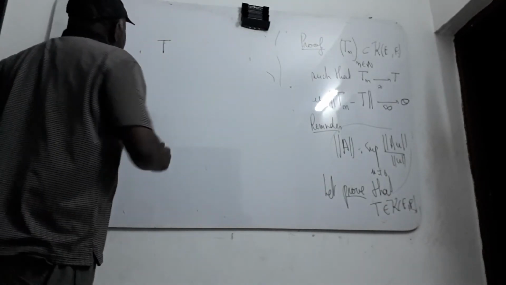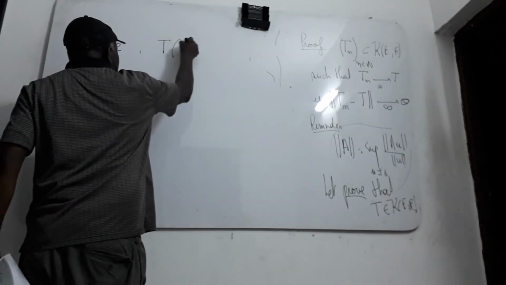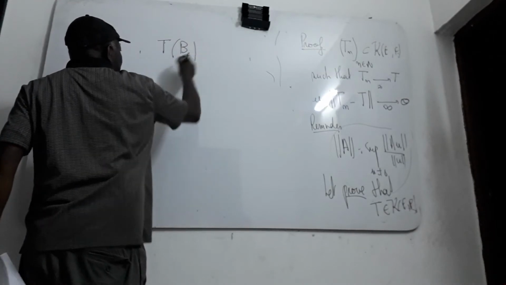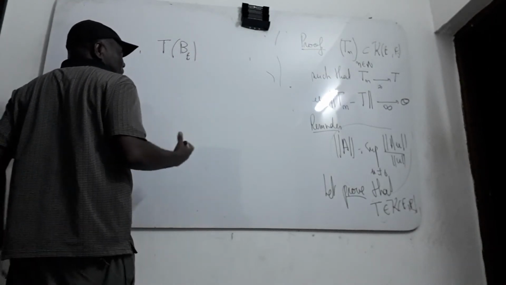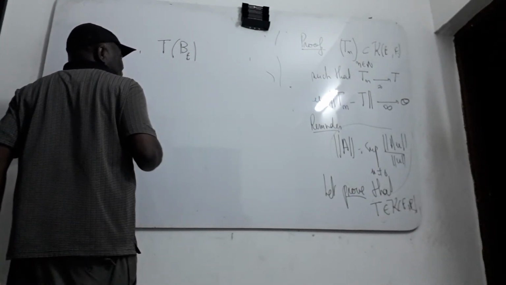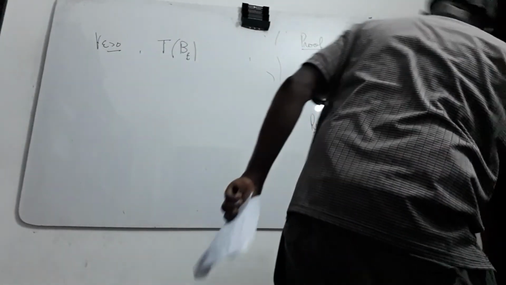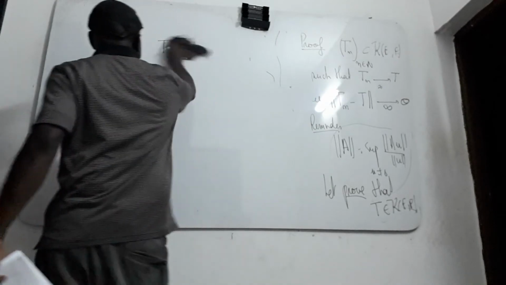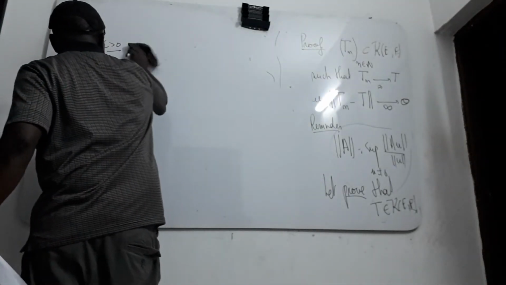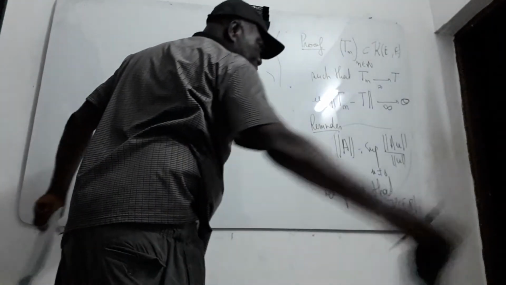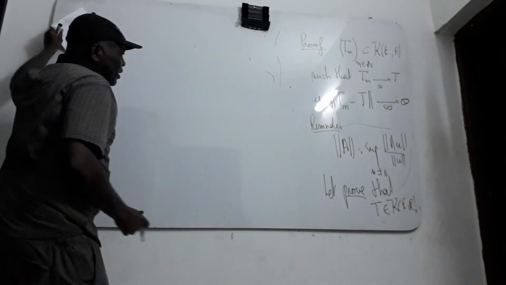We try to prove that the image of the unit ball under T might be covered by a finite covering.